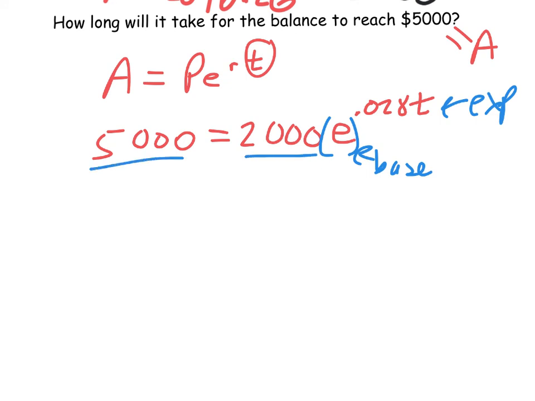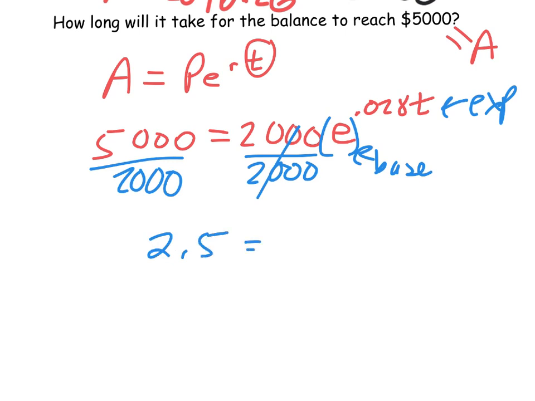But first, I've got to get rid of that 2,000. I can't multiply 2,000 in e because 2,000 is not a base. So divide by 2,000. If you plug that into your calculator, you're going to get 2.5 equals e to the 0.028t. So e is my base, and like I said, my variable is the exponent.